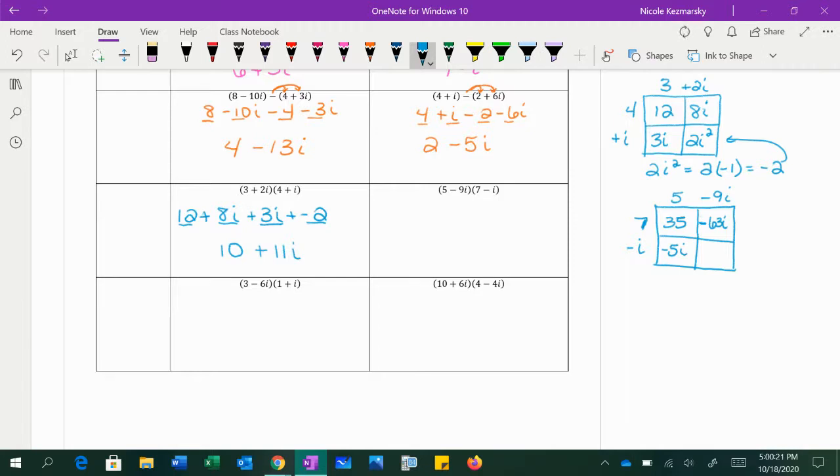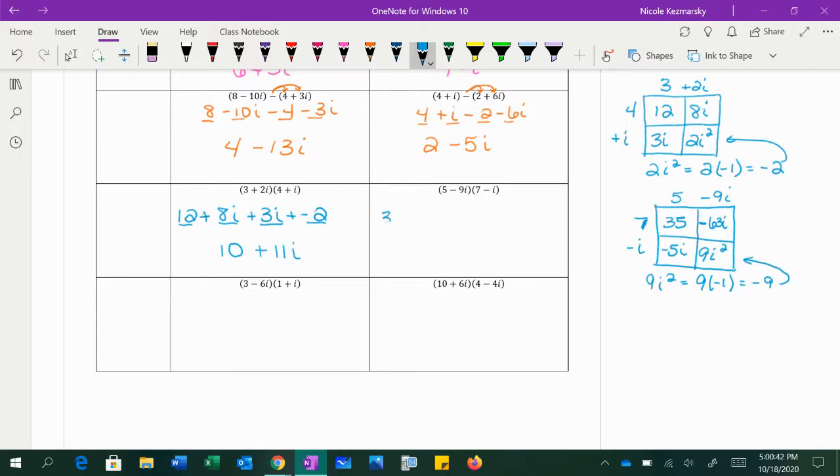And negative 9i times negative i is going to be a positive 9i squared. So I'm going to take that 9i squared, and make that i squared a negative 1 using our rules from the other page, which gives me negative 9 for that box.